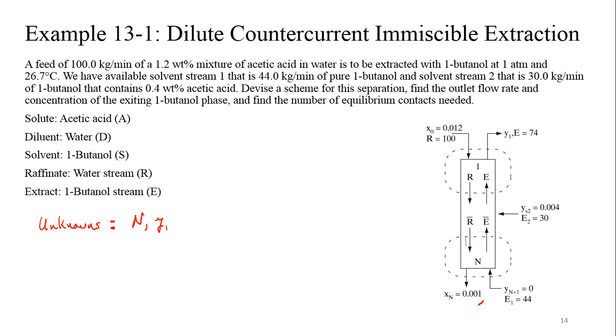For this problem, given that we're setting this up as a dilute system where we can apply McCabe-Thiele to it, we're also probably assuming that these two streams are immiscible. Okay, and we will examine that assumption coming up.